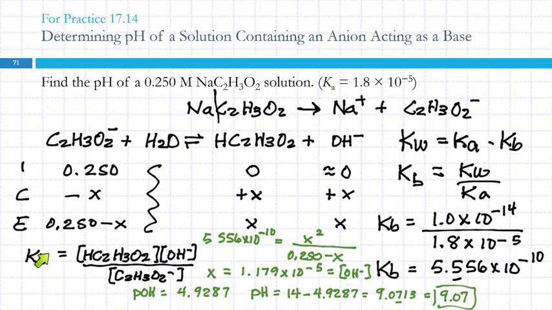You set up the equilibrium constant expression, but they didn't give you Kb. So you have to calculate Kb. And then you find out what X is, but X is a hydroxide. It's not the hydrogen. So you have to convert it before you can get the pH. So there's two extra things you have to do with the weak bases. Any questions?